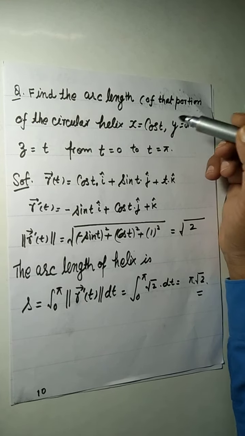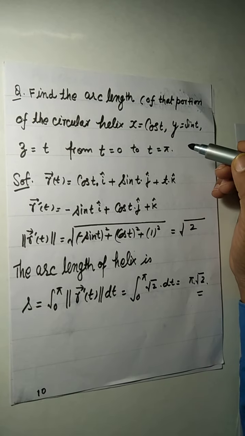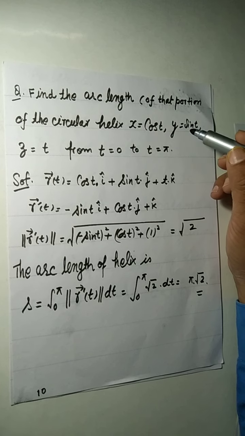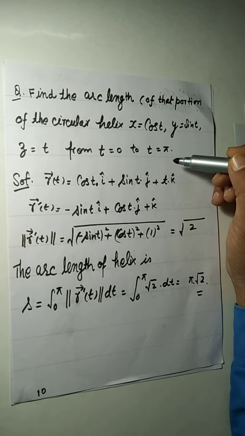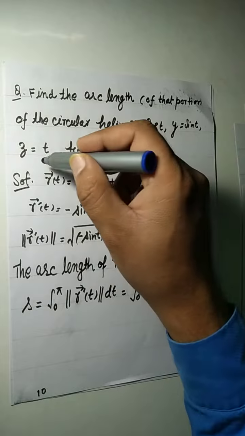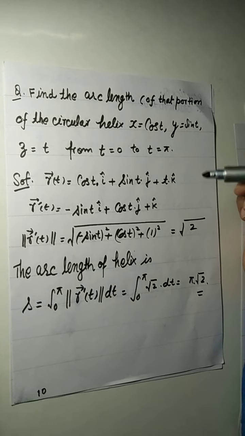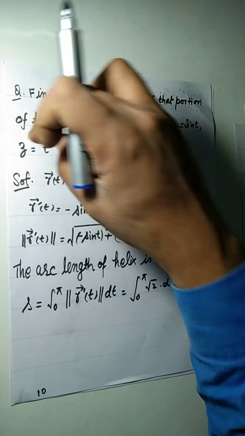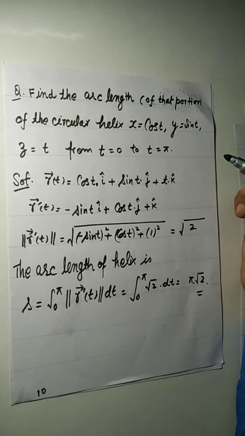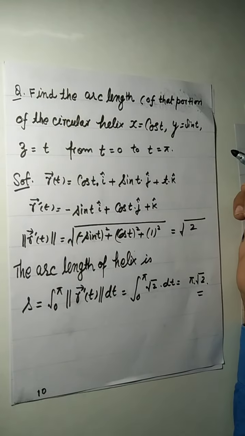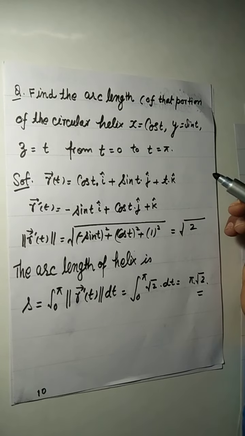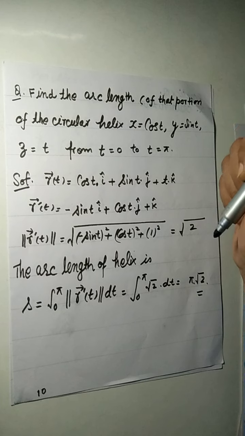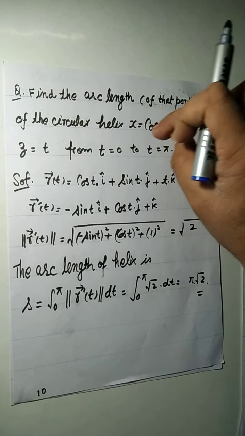If we draw a curve of x equals cos t, y equals sin t, z equals t, from t equals 0 to t equals pi, because z equals t is a parameter, and we draw the curve in 3-space, z is not constant, so we will obtain a figure like a helix, and we have to obtain the arc length of this portion from t equals 0 to t equals pi.